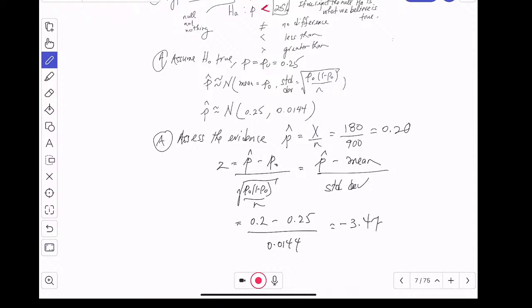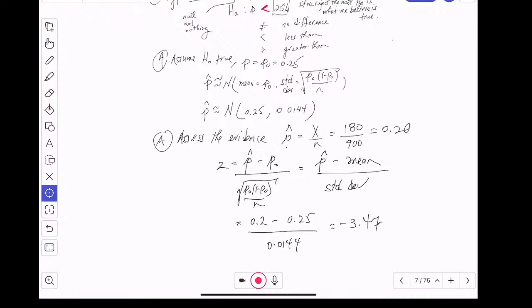So you find out that this statistic implies that our sample result is an outlier. It's 3.47 standard deviations below the mean. So for us, that's far, right? That's significant. That's bizarre and unusual, given the fact that it should have been 25%, given the assumption we made about what the standard deviation is of p hat and how it should spread out.